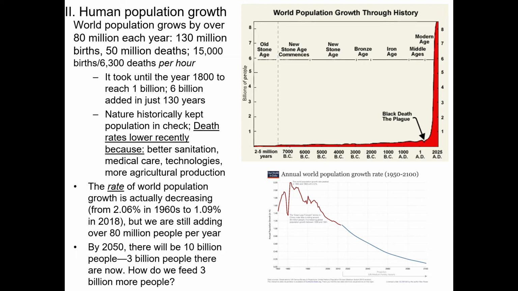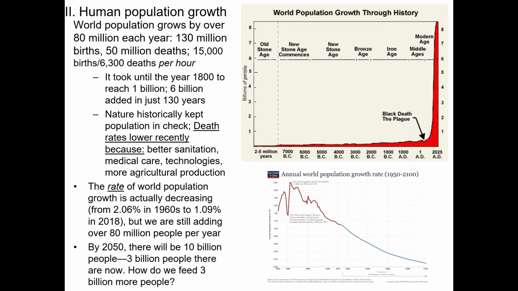And what happened not that long ago, as far as nature keeping population in check, you had a lot of death.